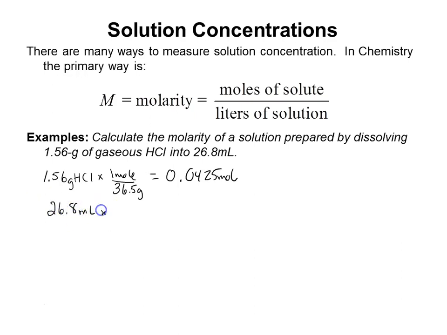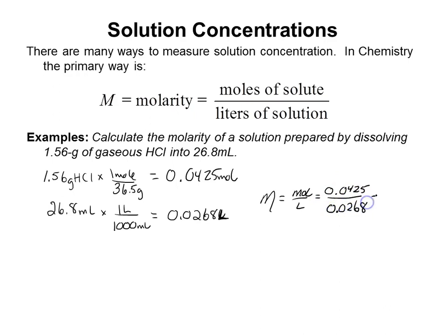I've been given milliliters, so I need to convert my milliliters into liters: 0.0268 liters. Okay, and now I can go ahead and calculate molarity. Since molarity is moles per liter, I have now calculated moles, and I've calculated liters. So my molarity is going to be 1.59 moles per liter. Let's just do a quick sig fig check. 3 sig figs, 3 sig figs, 3 sig figs, and my unit is moles per liter.